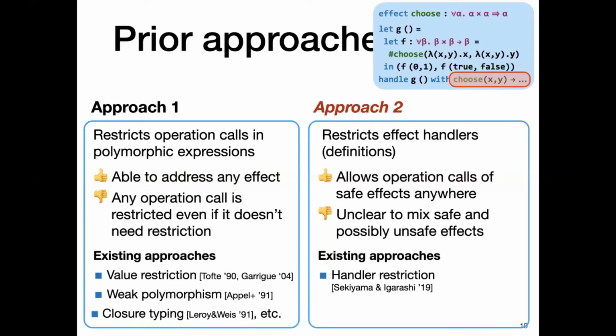But the problem of this approach is that it is not clear how to mix the safe and unsafe effects in a single program. This could be a problem in general purpose programming because we may want to use safe and unsafe effects in a single program.